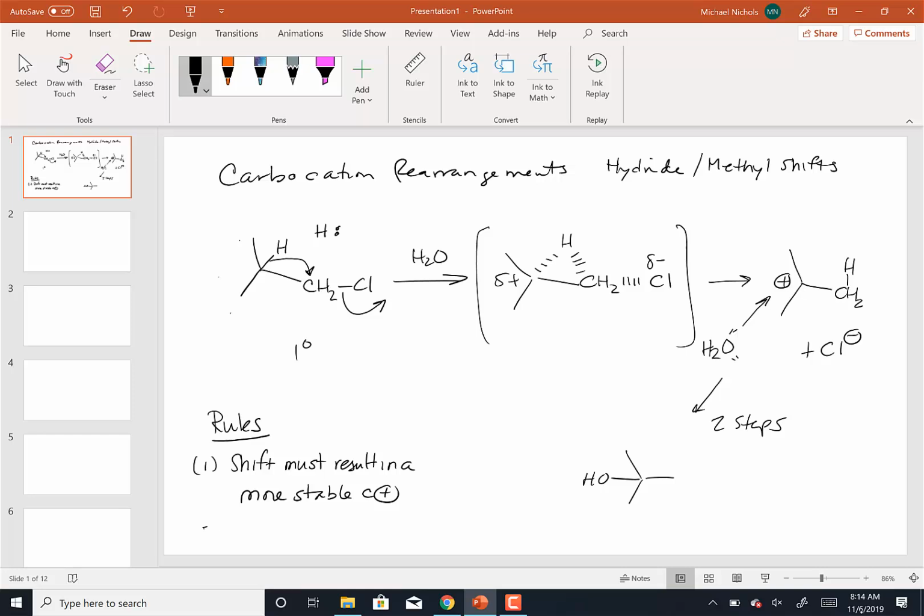And rule number two is only one shift. Total chaos would ensue if you could just keep shifting down the line until you found a tertiary system. So you only get one shift, and that shift has to obey rule number one.